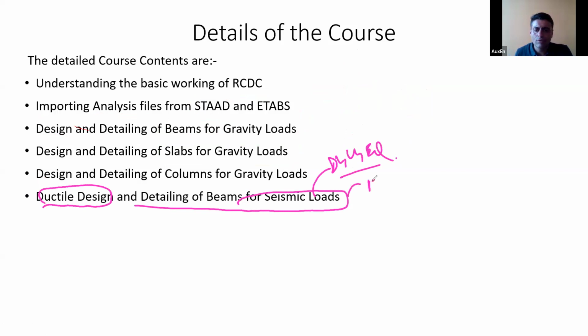For this, we will have to follow IS 456-2000 plus we will also have to follow 13920-2016. So both codes in conjunction have to be followed, and the provisions of both these codes need to be kept in mind for the ductile design and detailing of beams for seismic loads. So this is what we will do next.